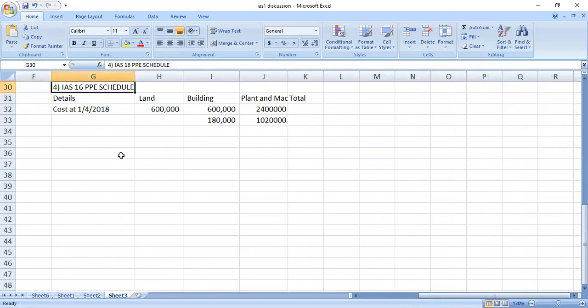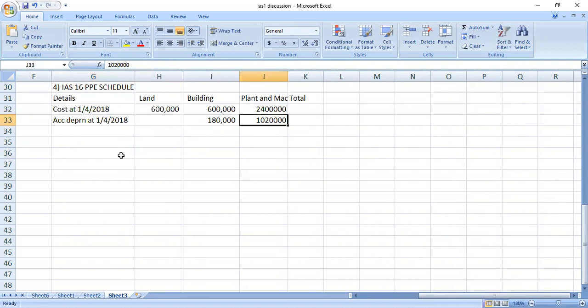Here is my schedule. I just brought the information that I had in the trial balance, and this was accumulated depreciation at the beginning of the year.